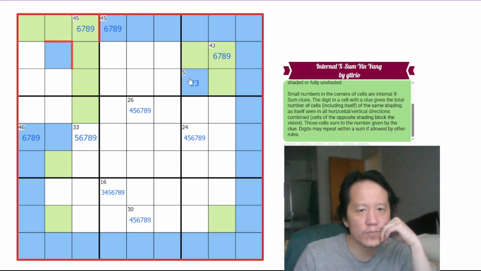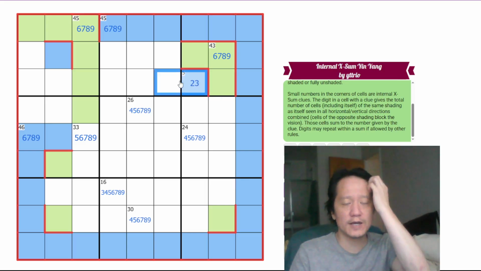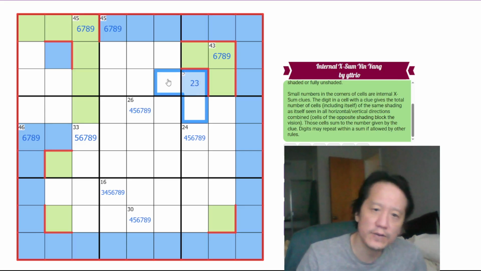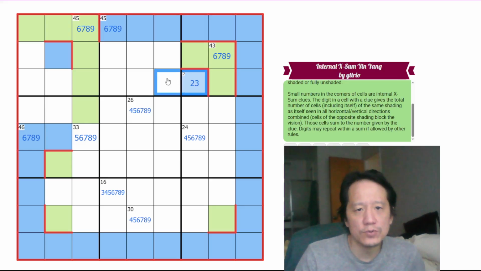Okay. We have that, we have that. This is separate, this is separate. This is separate. Okay, so this has to be, if it's 3, I guess that's possible, right? Even if it's 2, it blocks off the other way, right?